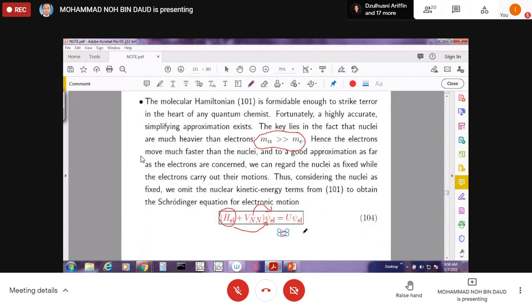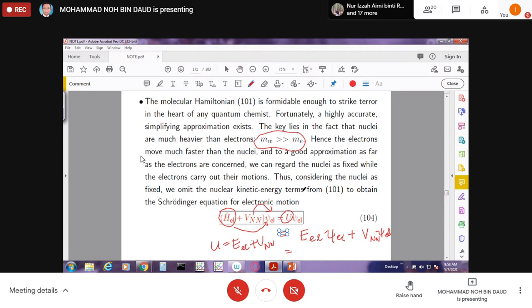I will show you step by step. This is U. U is the pure electronic energy plus the VNN, which is only a constant. So this is U, the potential energy.